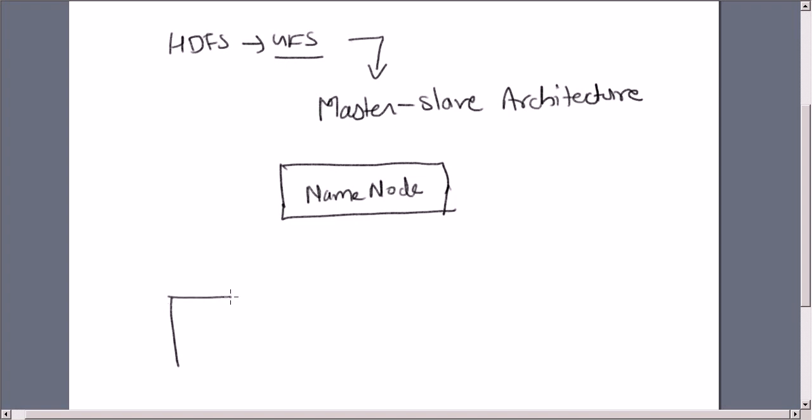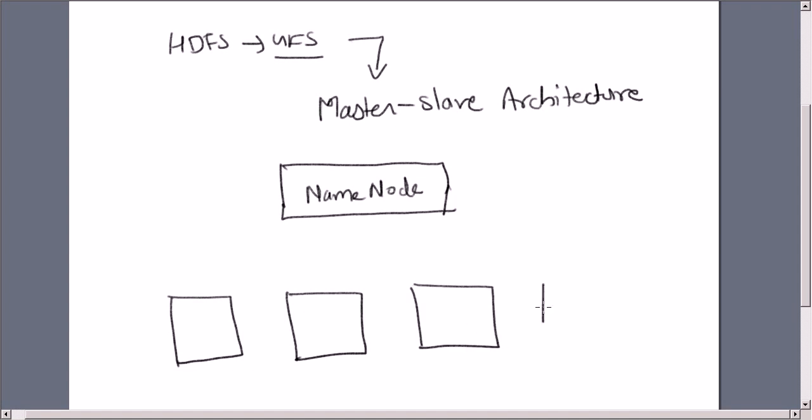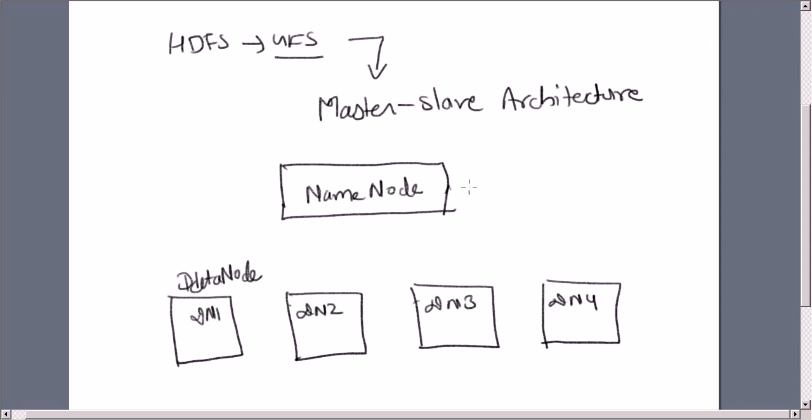Let's see here, I am creating only 4 slave nodes, and these slave nodes are called data nodes. This is DN1, DN2, DN3 and DN4. So these are the 4 data nodes. This is the master, you can see the king, and these are all slaves.